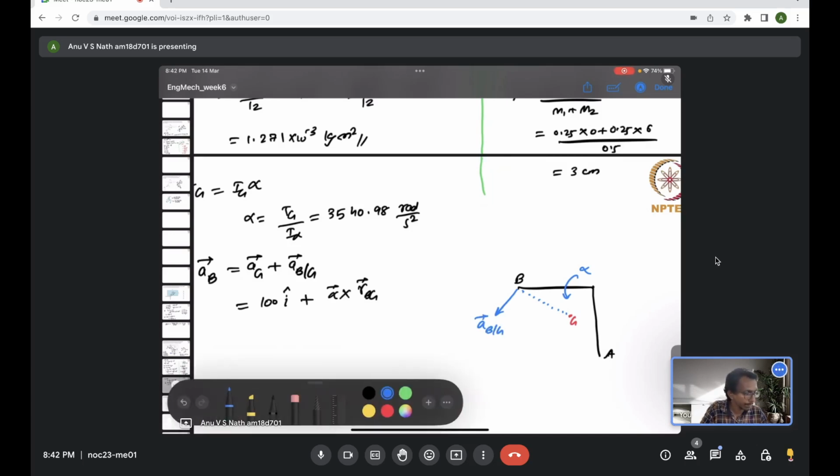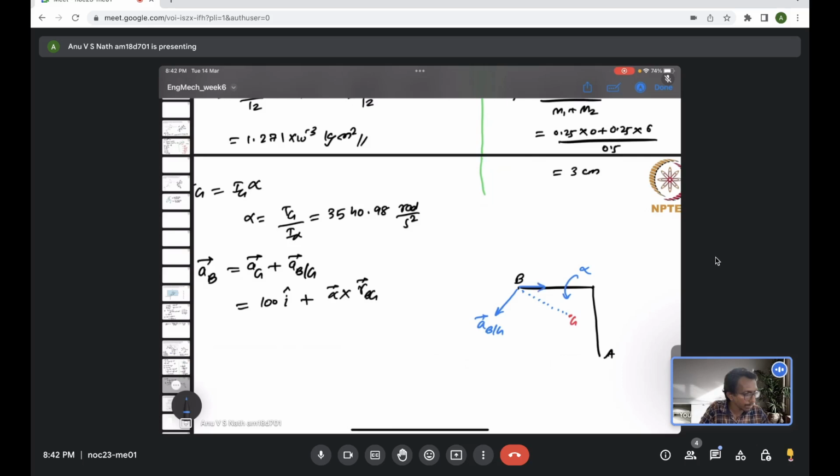And this direction is the acceleration of the center of mass. I represent aG there because G only has aG, but the point B will experience aG, the translation along with the center of mass, plus a rotation, which is acceleration of B with respect to G.